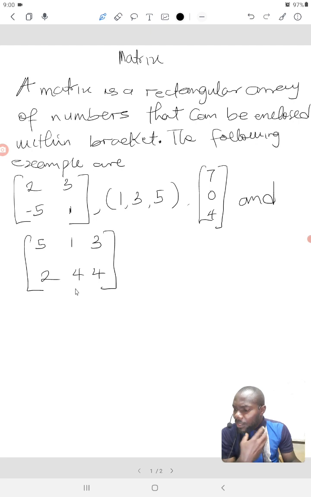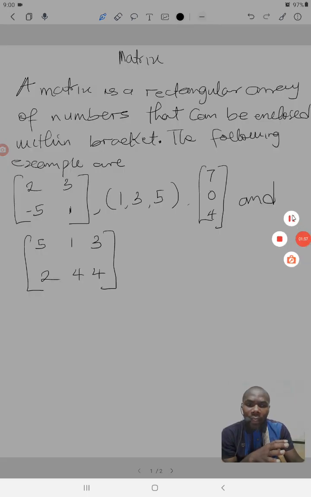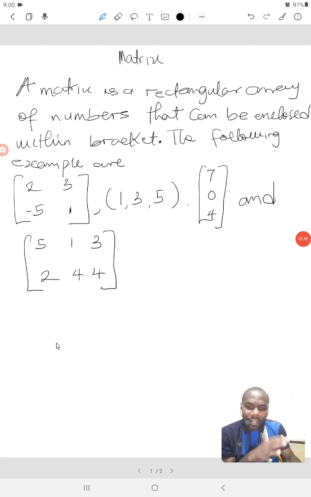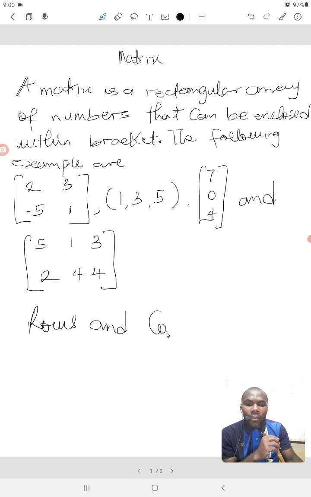Moreover, there are some terms that are common in matrix. We call them rows and columns.